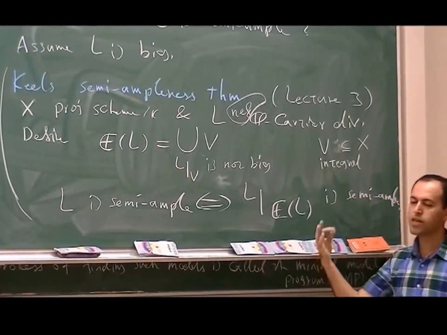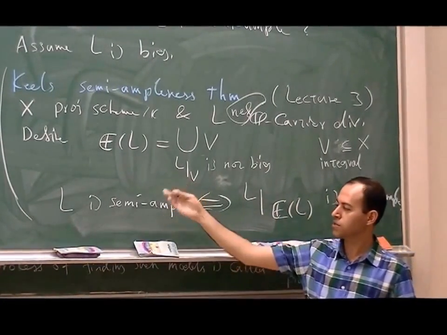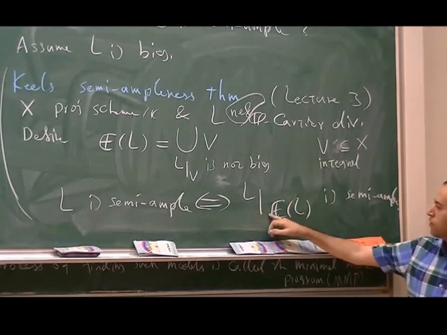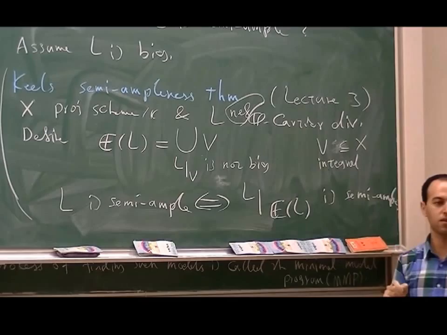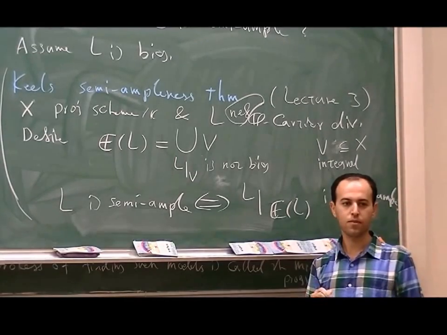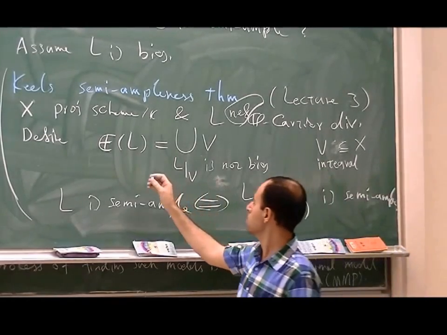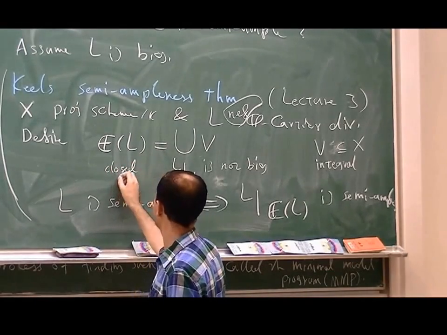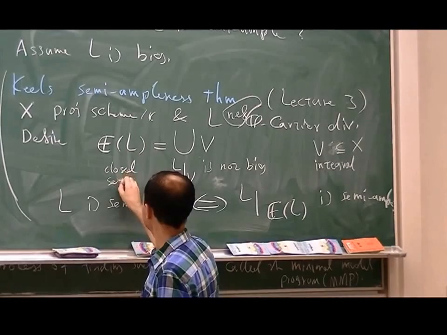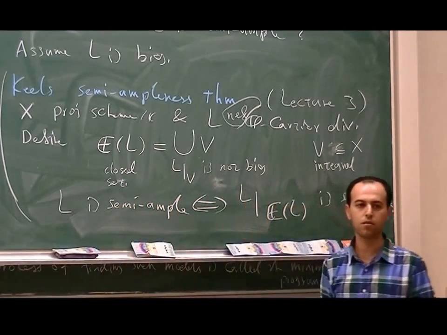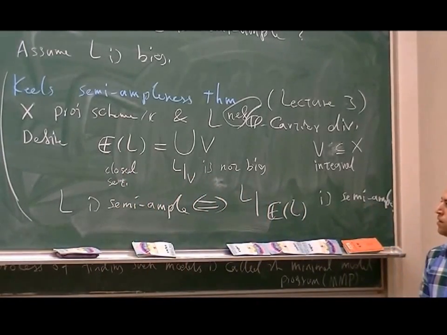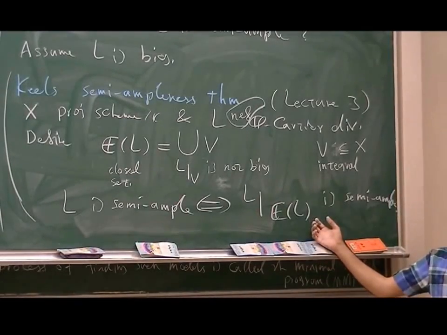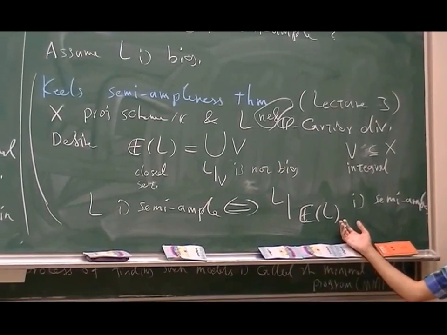So in other words, to check that L is semi-ample, or some multiple is generated by global sections, it is enough to only look at this special set inside. This set is really like a countable union, right? It's actually a closed set. It's maybe not so clear, but in the next lecture we will see that it's a closed set. And the funny thing is that this kind of theorem fails in characteristic zero.